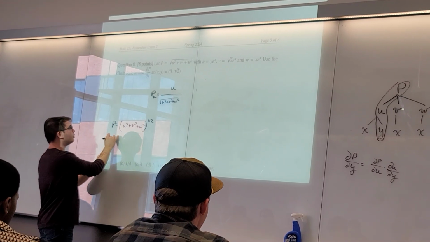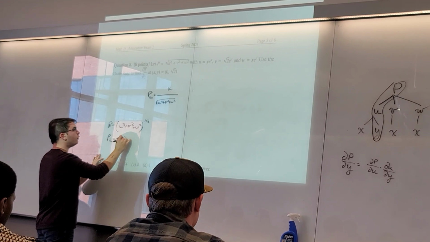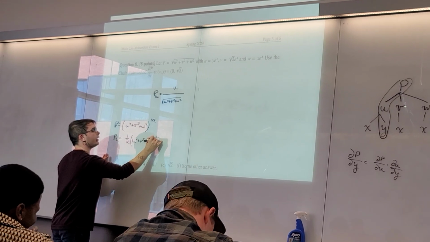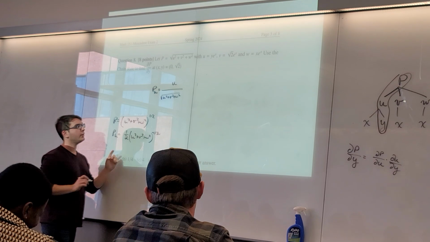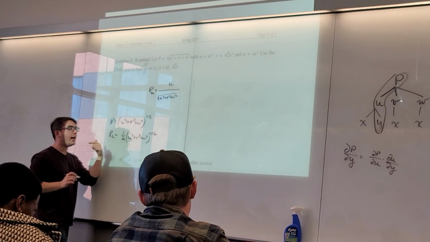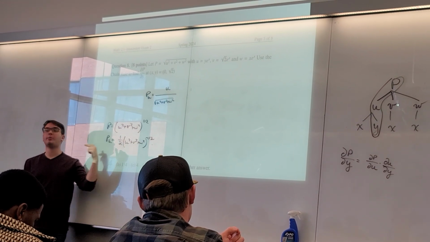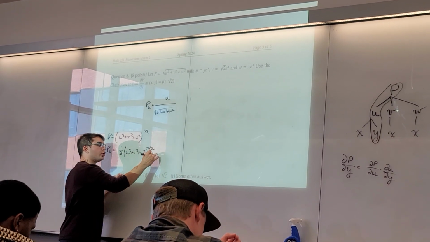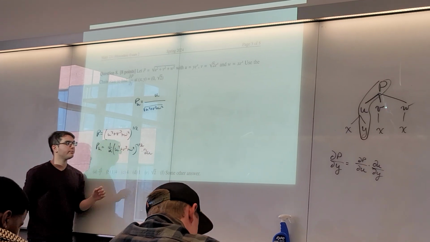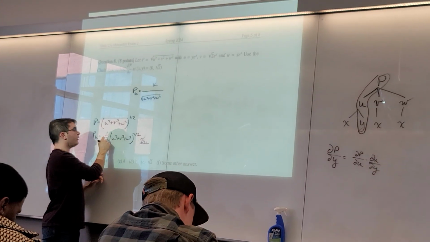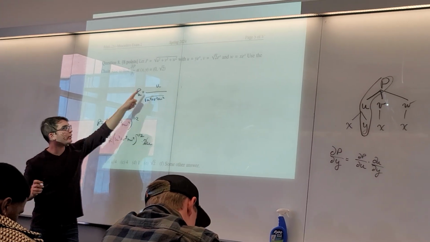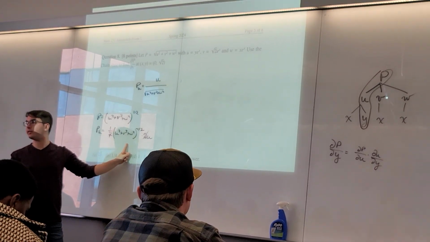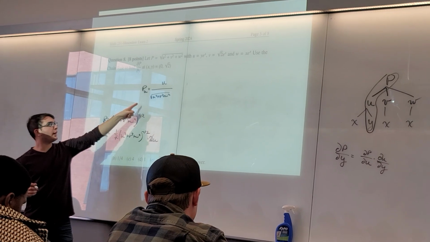So P sub u will equal 1/2 times u squared plus v squared plus w squared to the negative 1/2, right? Because I subtract 1, times the derivative of the inside with respect to u. So that's 2u, right? So the 2's go away, and I'm left with a u in the numerator divided by the square root of this thing in the denominator. Okay? So that's P sub u.